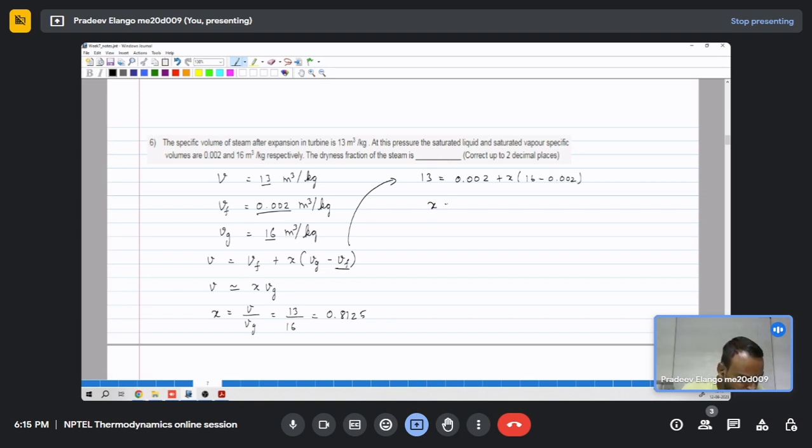So x will be 13 minus 0.002 divided by 16 minus 0.002. So this is again 0.81.